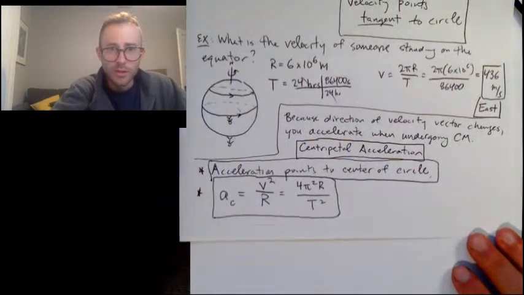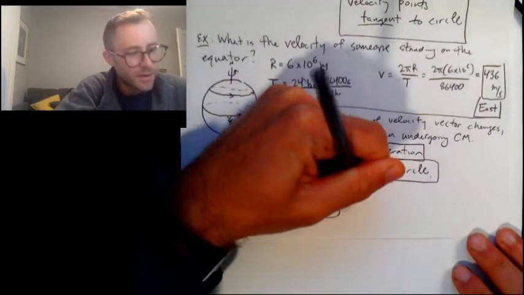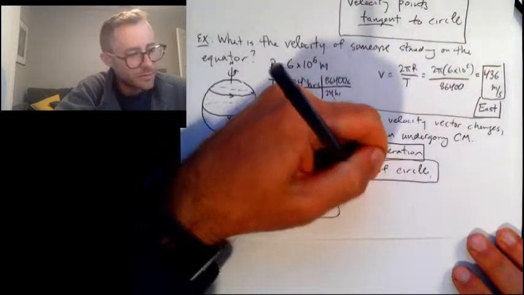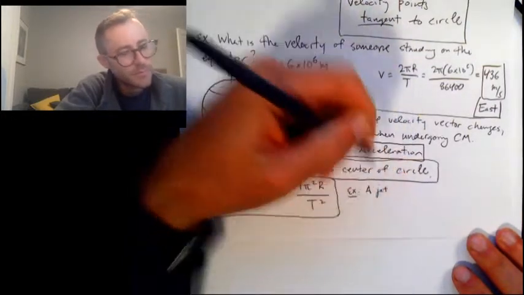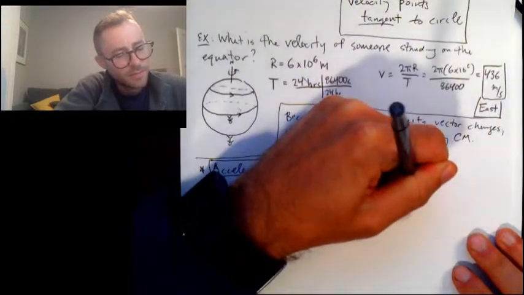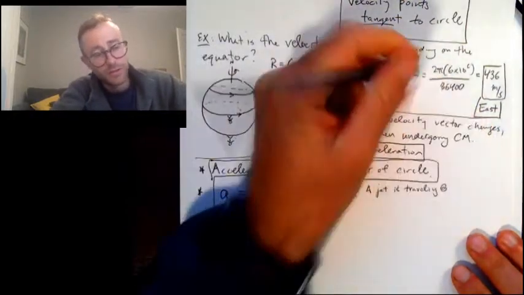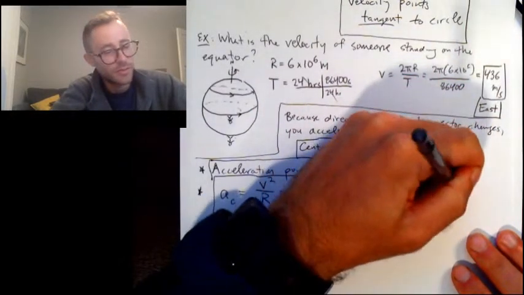We could do a quick example here using this formula. Let's say a jet is traveling at 436 meters per second.